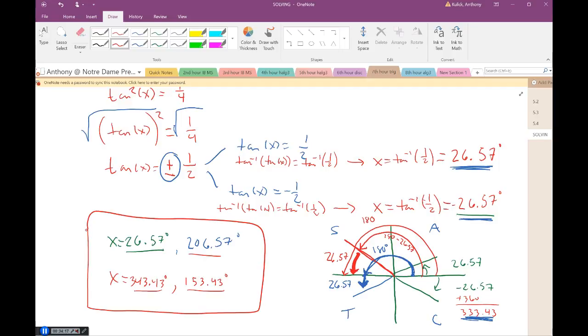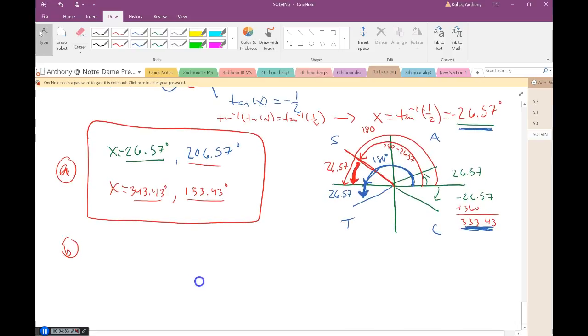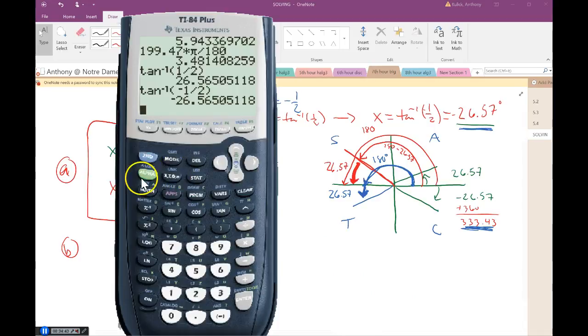Is everybody okay with how I pulled out those 4 solutions? All right, so that's our answer to part A. To do part B, what do we need to do? Well, first thing, I need to convert these answers into radians.